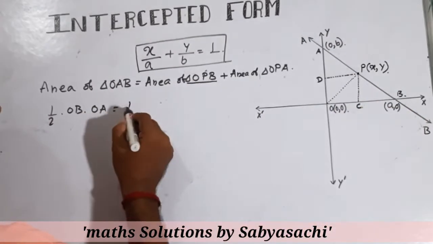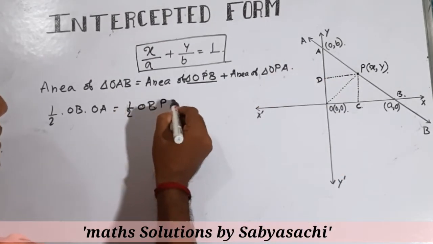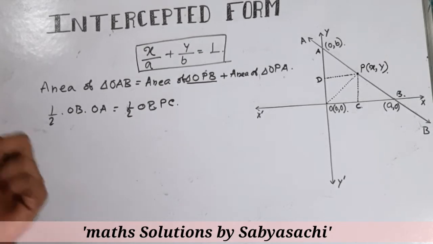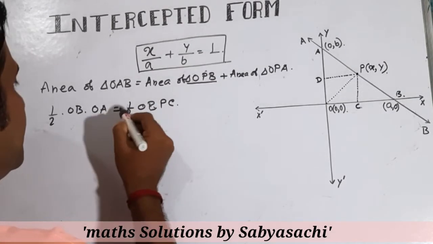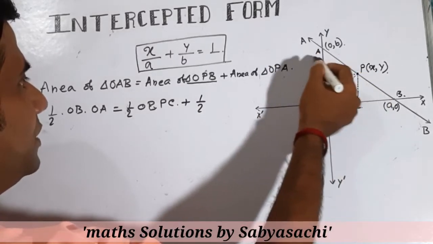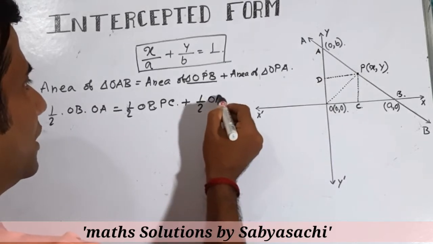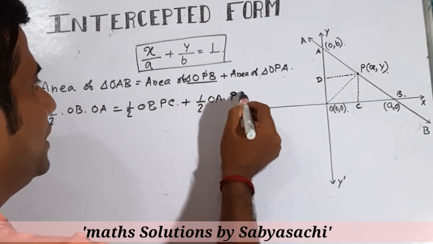The area of OPB is half base OB into height PC, and the area of OPA is half base OA into height PD.